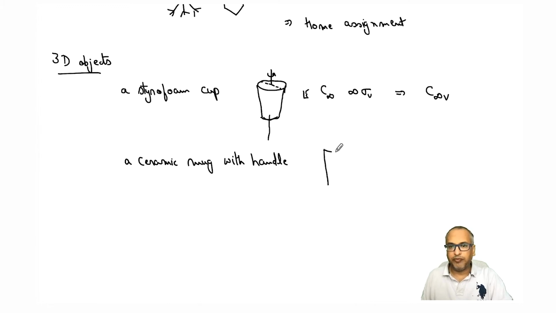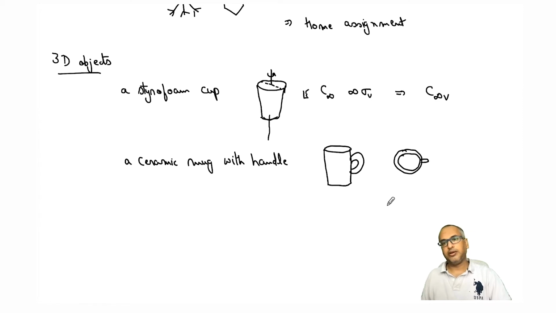You have a right circular cylinder kind of thing, and you have a handle, right? From the top, it looks something like this. So this is the view from the top, this is from the side. Now what will be the point group here?